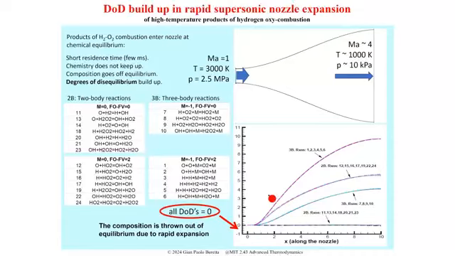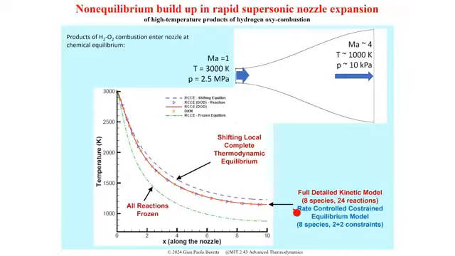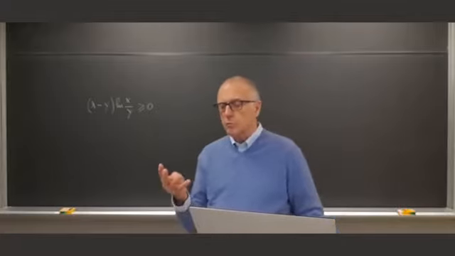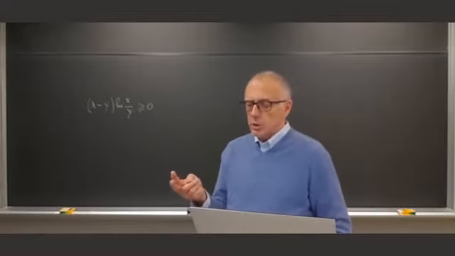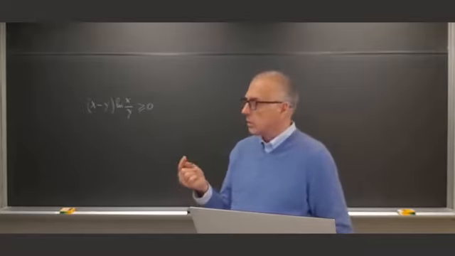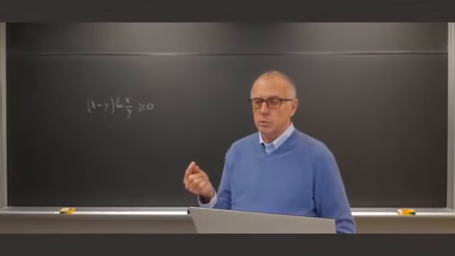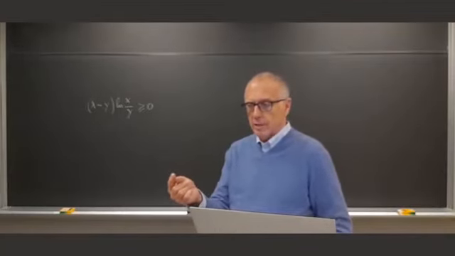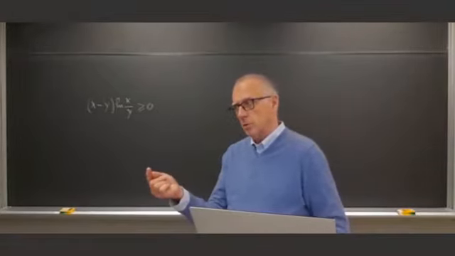So if you go back one moment, the idea of the rate-controlled constrained equilibrium model is to assign, instead of using all the 24 reaction rates, and actually this shows that you get very good results with only rates for 4 constraints. 2 are just the element conservation, and 1 is the number of molecules conservation, which is conserved by the 2-body collisions and not by the 3-body collisions.